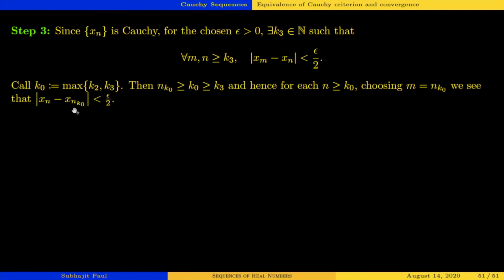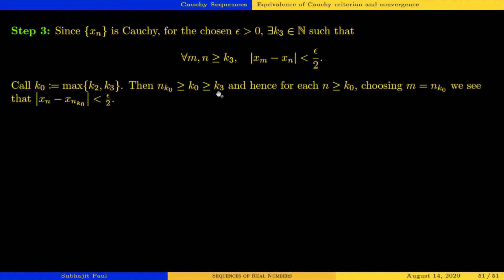xn minus xnk naught is less than epsilon by 2 from here. So I need both m and n to be greater than or equal to K3 in order for this inequality to happen. So I am choosing m to be nk naught.